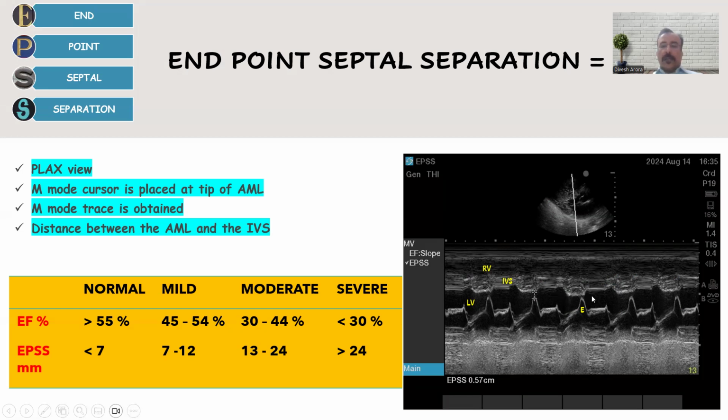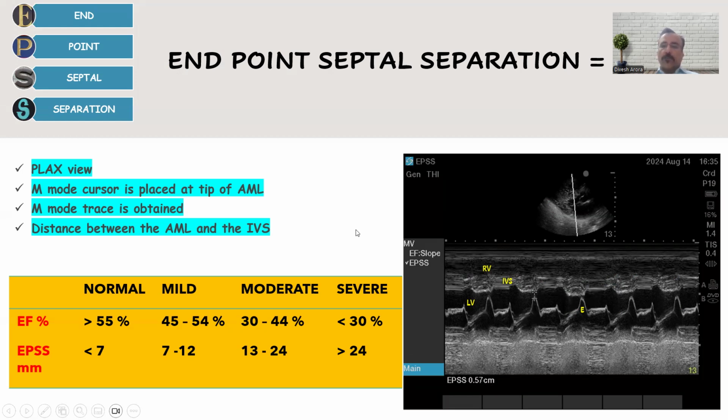Once we get a good satisfactory trace, we freeze the button and then press the calculation button on the machine. Then we can measure the distance between the E wave as well as the interventricular septum. And the machine does the auto calculation and it reflects the endpoint septal separation as 0.57 centimeter.